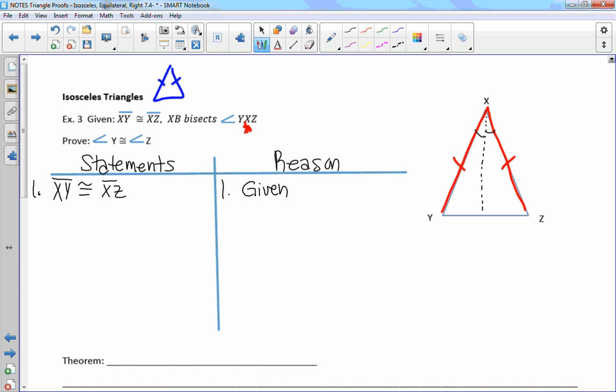First, I put two little red tick marks to show that those were congruent, both sides. What? We bisected the angle. And how do we know we're allowed to do that? And it looks like XB, so down here should be B. How do we know that XB bisects the angle? Given. So XB bisects angle YXZ. Given.